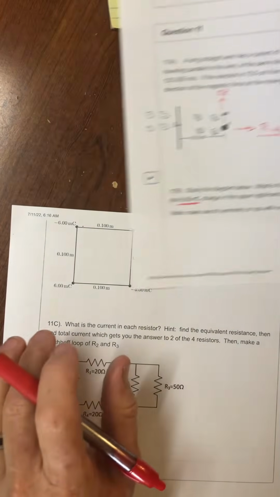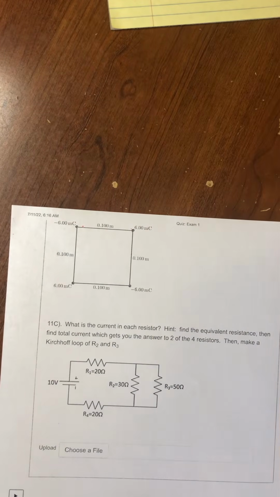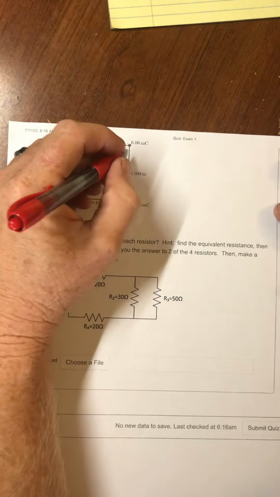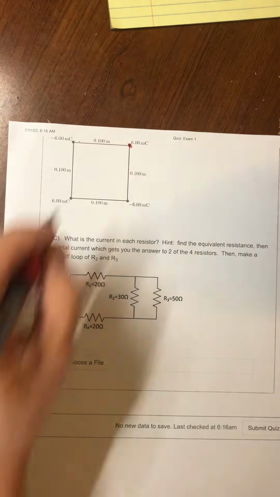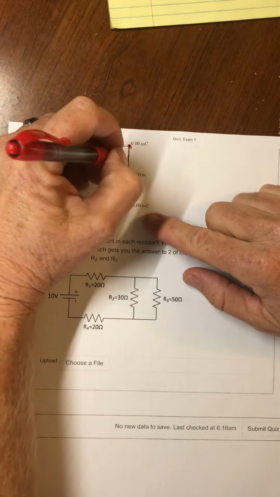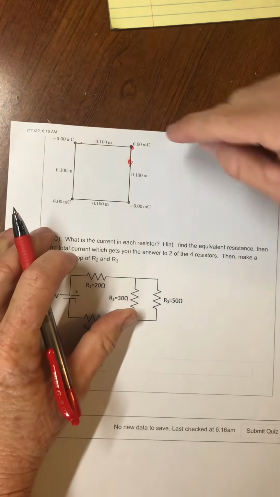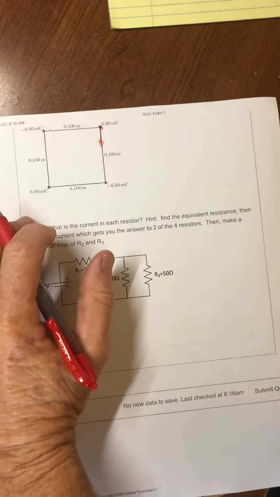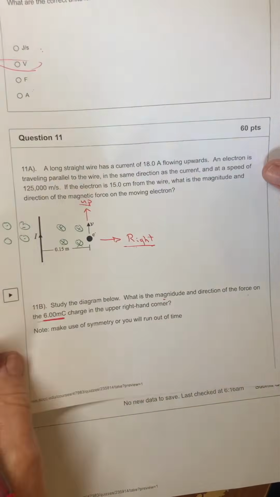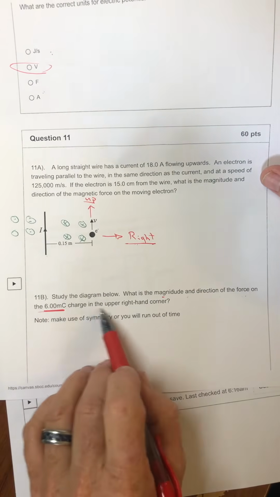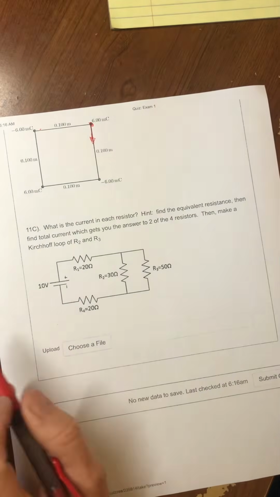Because conceptually, if you start working this one out, you're going to have something like this. You're going to say, all right, here is a positive 6 and a negative 6. So let me just focus on the force on this one that's in the upper right-hand corner, which we're asked to calculate.